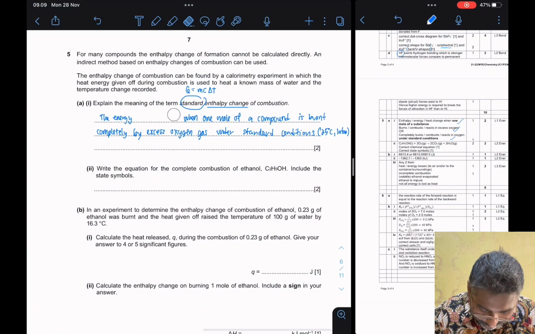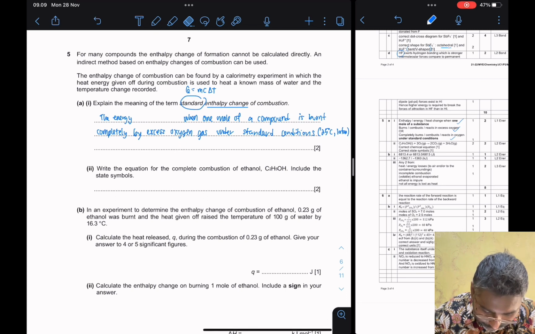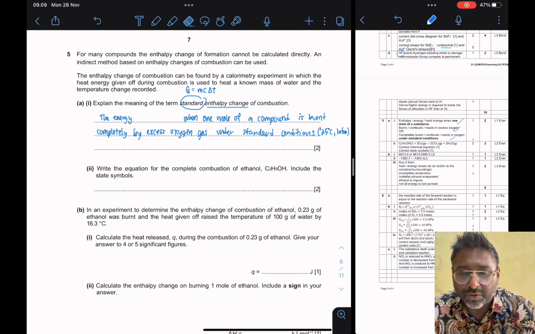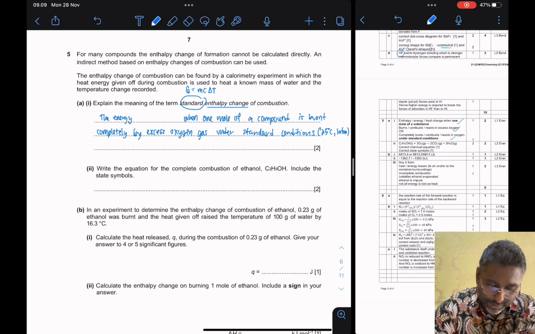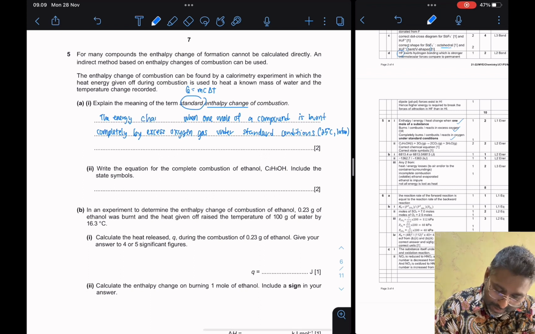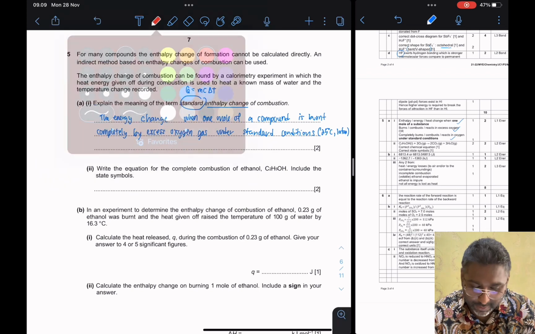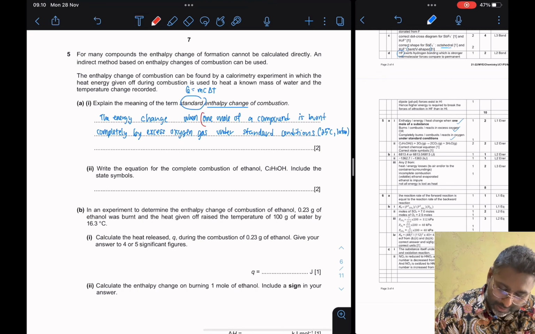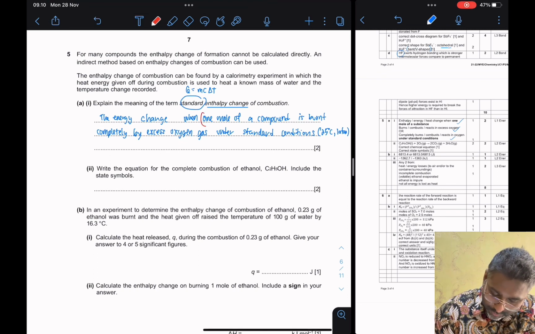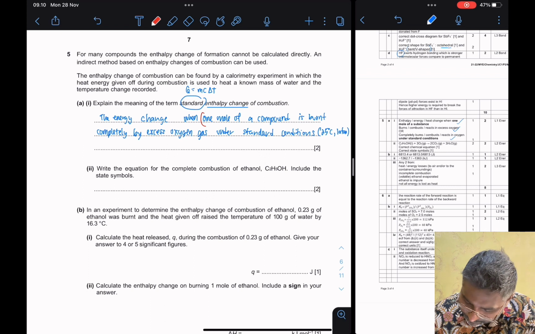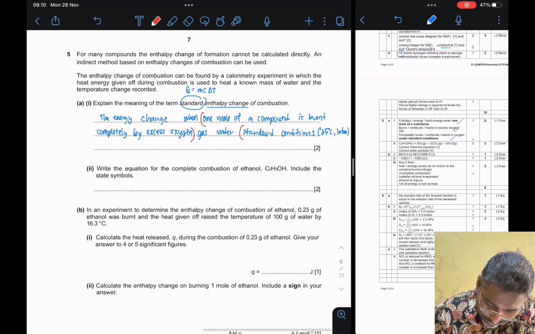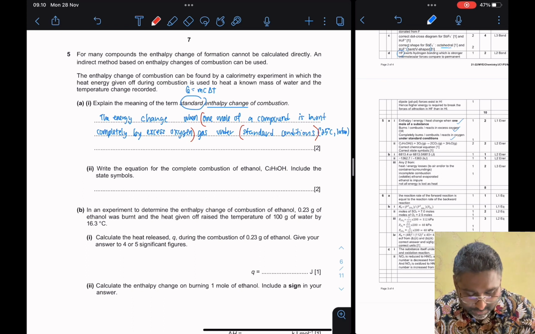If you do not know, it is better to make it as general as possible: the energy change when 1 mole of a compound is burned completely. That will be a better answer. The 1 mark is given for 1 mole of the compound, and then burned with excess oxygen gas under standard condition. 2 marks.